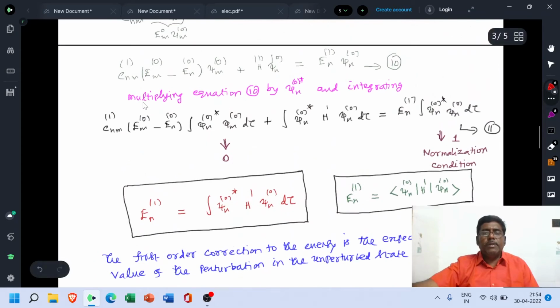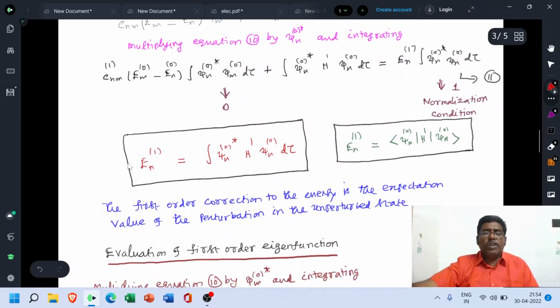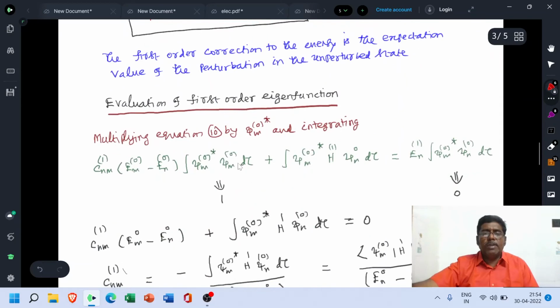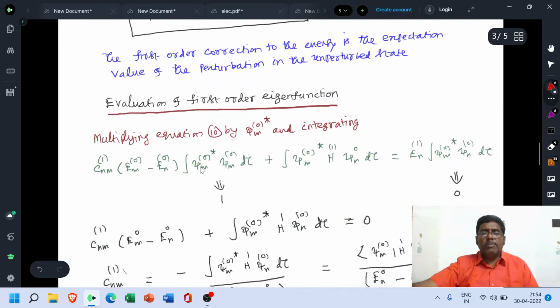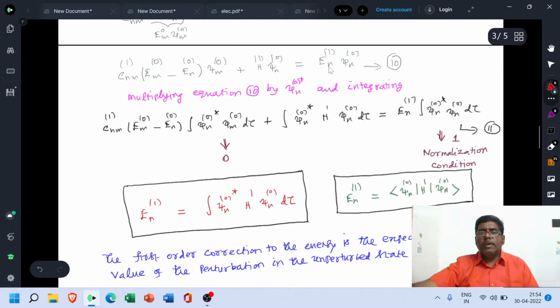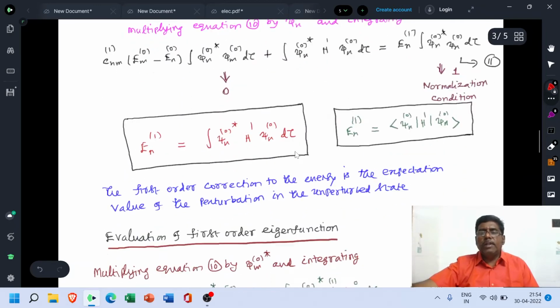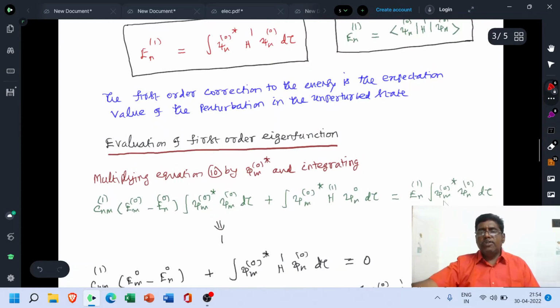See this equation. Cnm1 into (Em0 minus En0) into the integral of psi m0 star psi m0 d tau, plus the second term, the integral of psi m0 star H1 psi n0 d tau, which is equal to En1 taken outside, then the integral of psi m0 star psi n0 d tau.